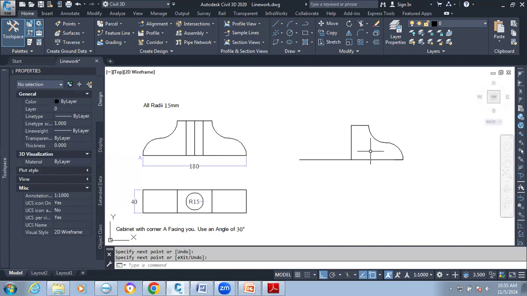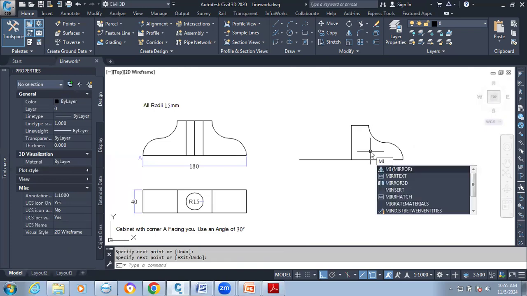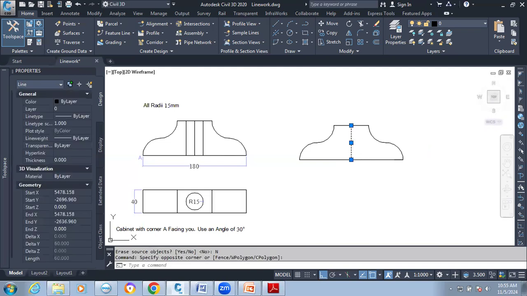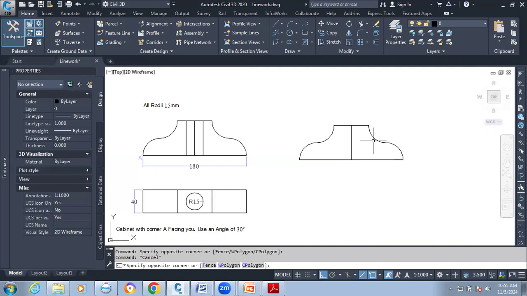Because the other side is the exact same thing, I use the mirror command. Select what you want to mirror and the line that would act as a mirror. I want to keep it. So I redraw the face. Now the only thing left is the receding side. So cabinet receding side at 30 degrees.